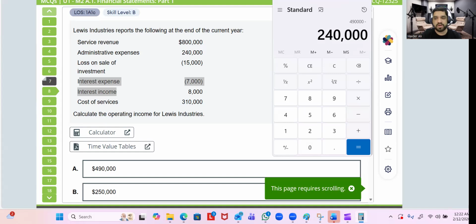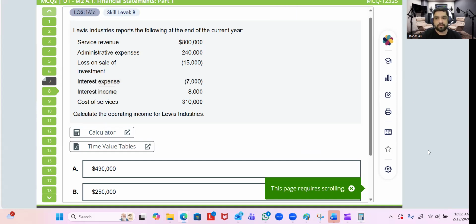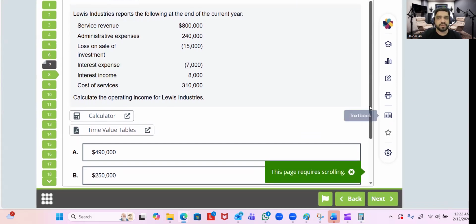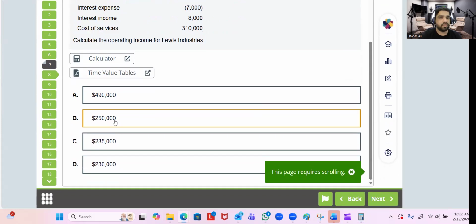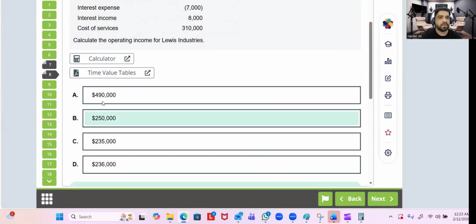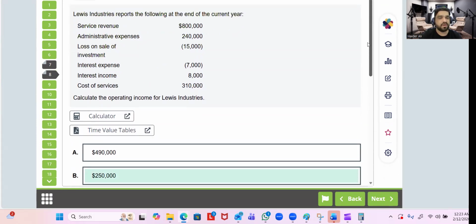And then you are done with the operating income. So your correct answer should be 250,000. If you see the options given to you, 250,000 is the correct answer. Why are the other options not correct? Because they have included the interest income, interest expense, or loss on sale of investment. That's not operating income, that's other income. That comes after operating income.